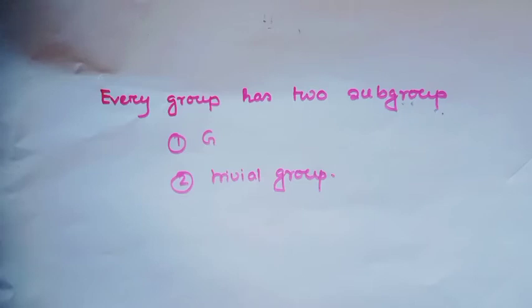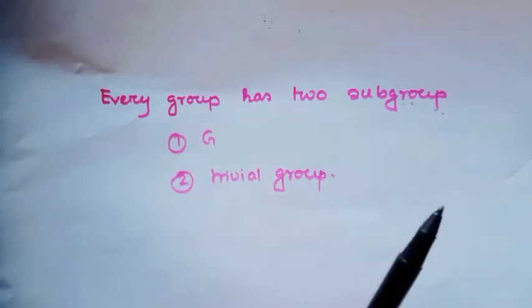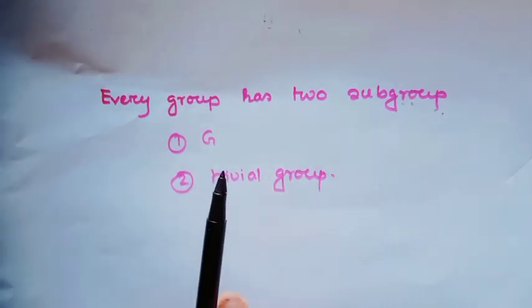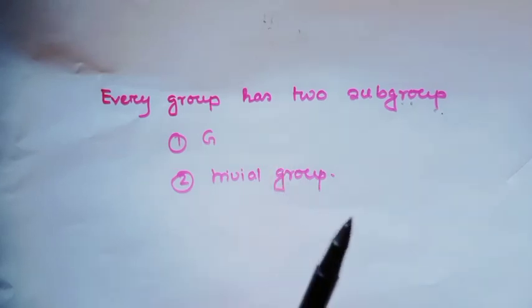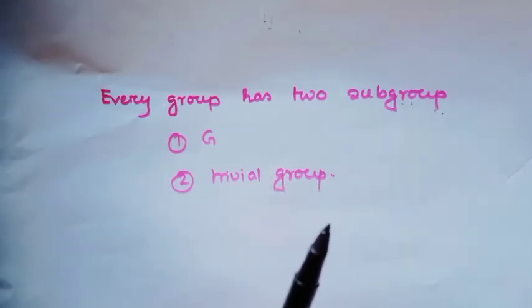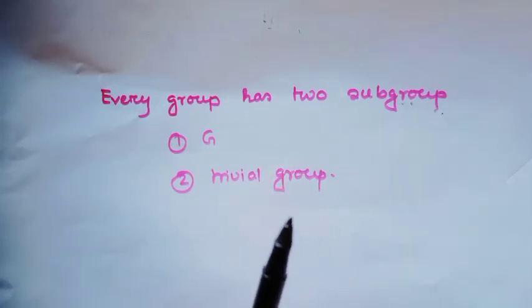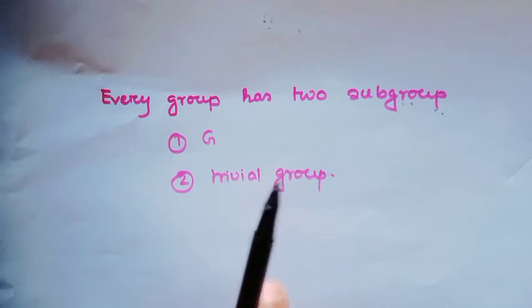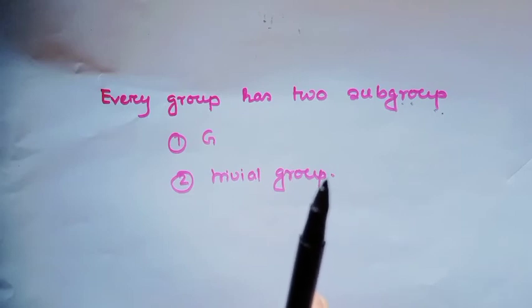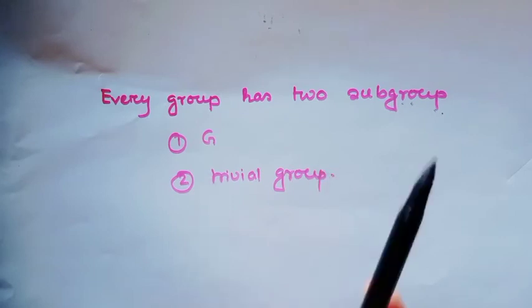list of subgroups. Actually, every group has 2 subgroups, the group itself and the trivial group. And this is similar to how every positive integer has 2 divisors, the number itself and 1. Now I want to find another subgroup other than these 2 subgroups.